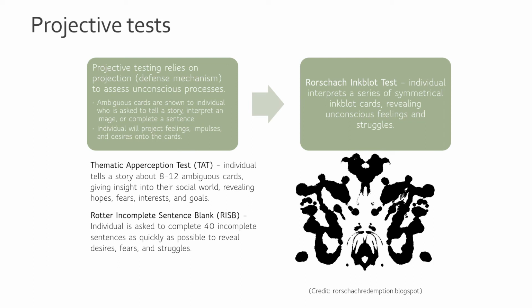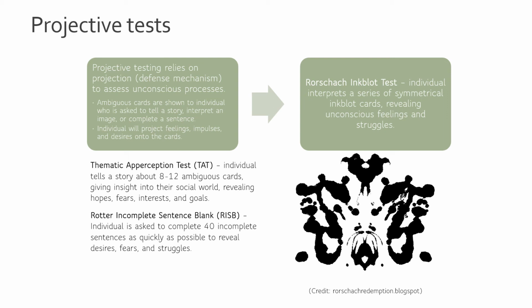You don't know how what you say is related to the interpretation of the person who's doing the analysis or the testing. So it's harder for you to do that self-monitoring and have control or to regulate what you're saying in relation to how you want to come across. So this is a little bit different. And it's also interesting because it's thought to reveal what's going on in your unconscious as well.